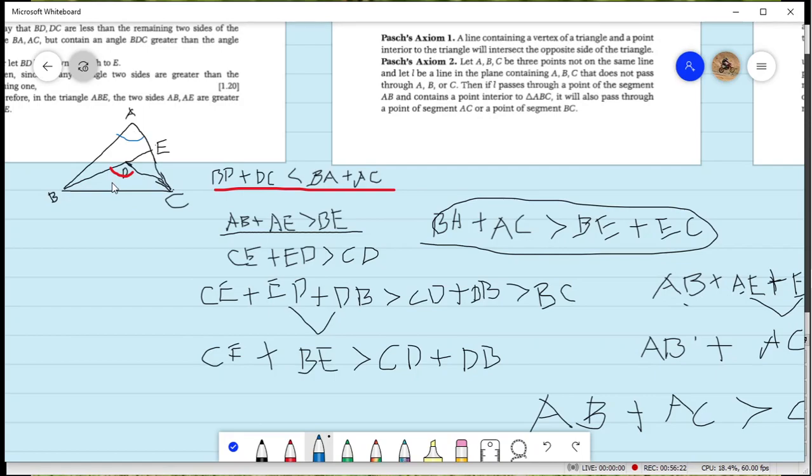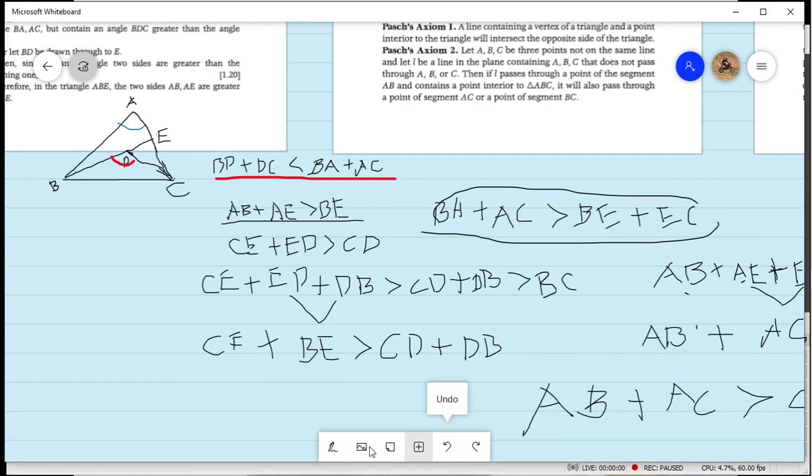But take note that angle BDC is an exterior angle of triangle CED.